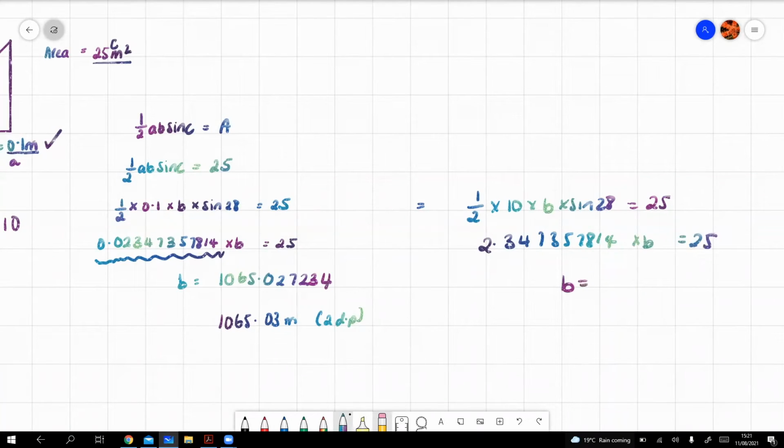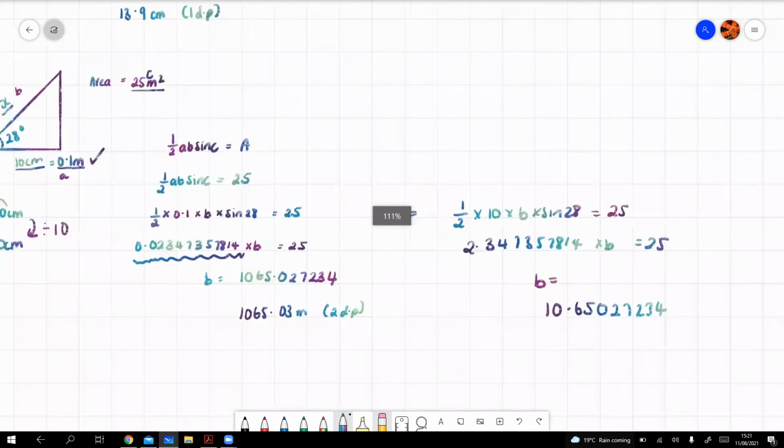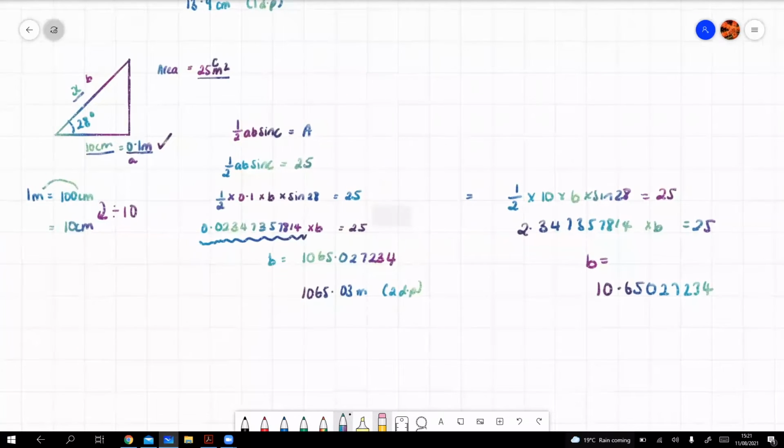I'm going to divide both sides by the decimal. Oh, much better. 10.65. Oops, 10.65... 0.27234. Okay, so in the textbook that I looked at, this question was in meters squared and that was in centimeters, but obviously there is a mistake there. And I'm going to write 10.7 centimeters.